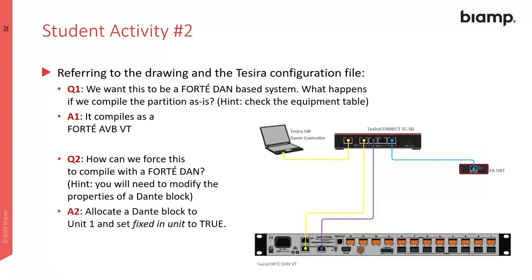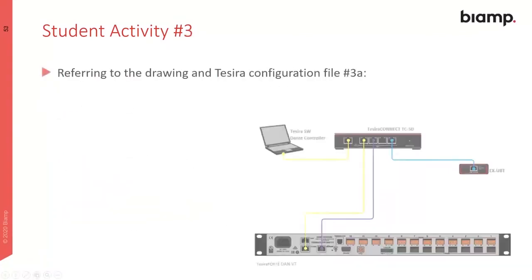The last question that I have for you is number 3, which is having this layout. So let's say we have a Tesira software. We need the Tesira software and the Dante controller, and to compile it with this one. So we have the EXUBT plus the Dan VT.